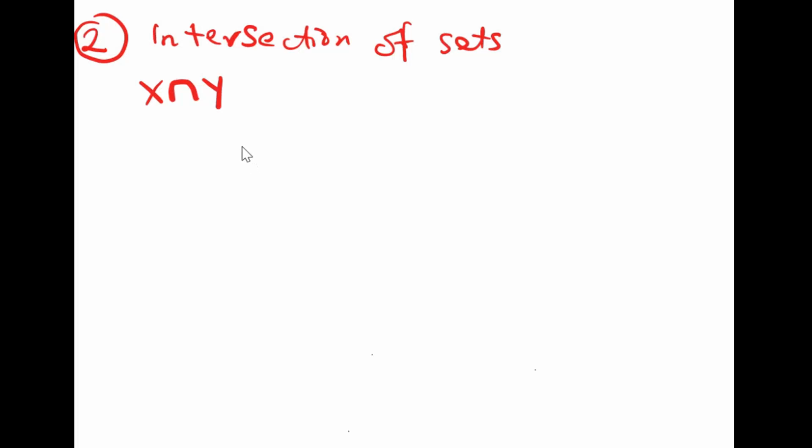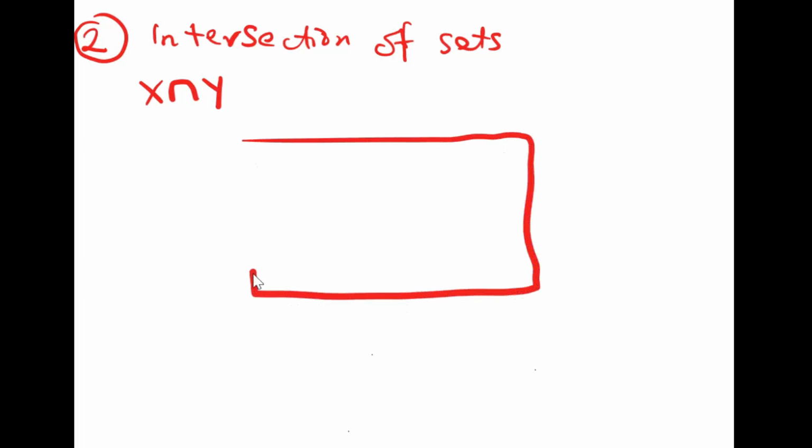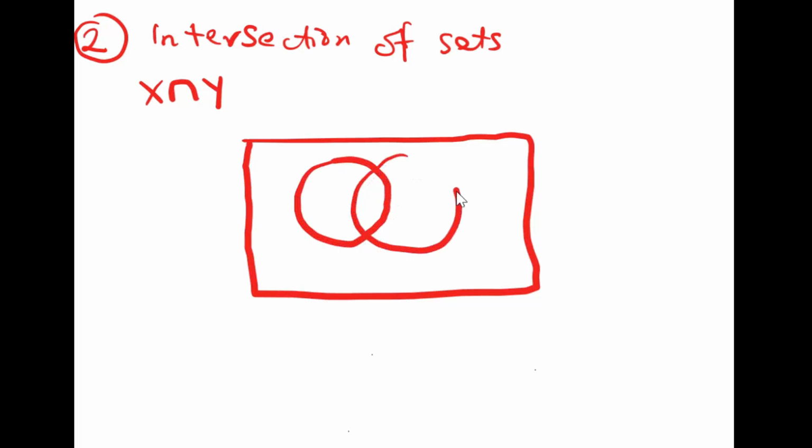Representing this in a Venn diagram, I have my universal set as this, then set X, this is X, and set Y, here is Y. Therefore, this shaded part, that is the part where the circle of set X and set Y intersect, will be the X intersection Y.